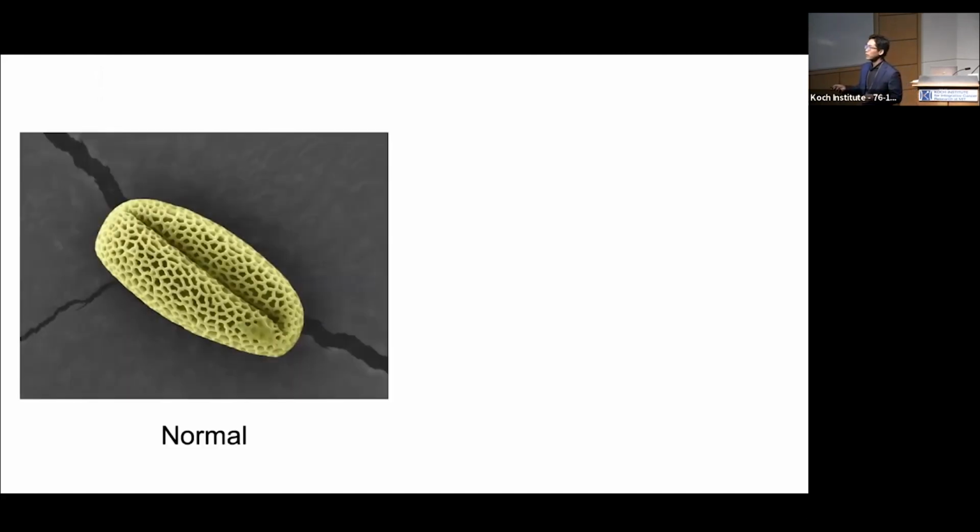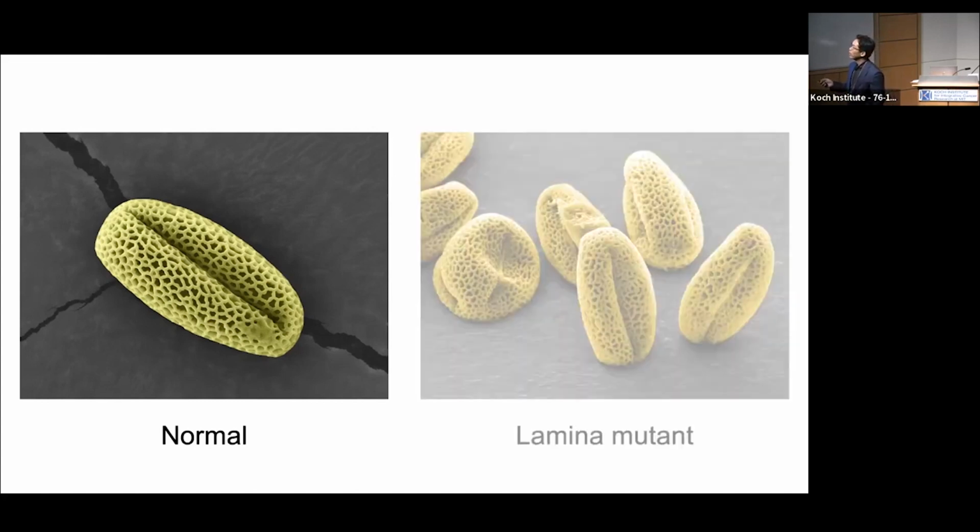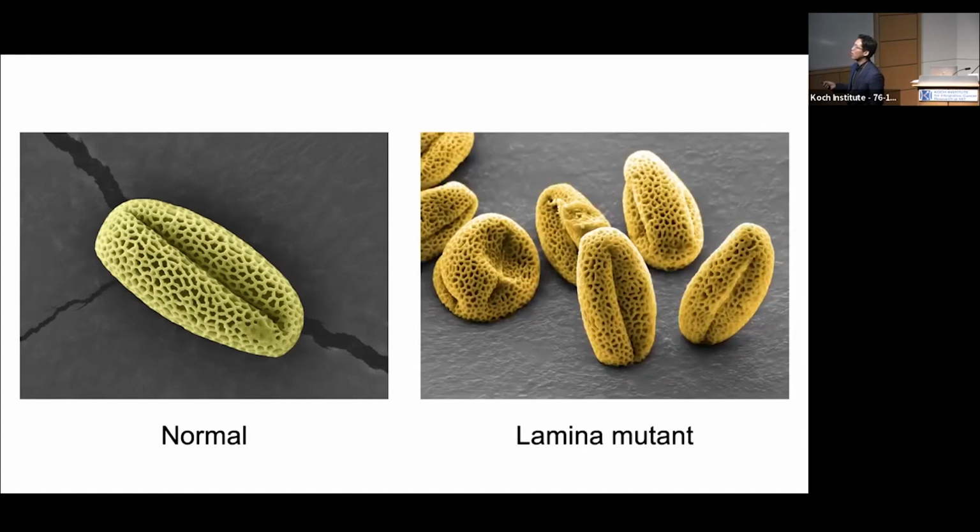So in plant biology that I'm studying, there are many different features of development or features of the nuclear lamina. And one thing that I found is that they are very important in plant reproduction. So you're looking here at an Arabidopsis pollen. This is a single pollen, and in a healthy, normal Arabidopsis plant, you can see this sleek pollen, but if you have defects in the nuclear lamina structure, then the pollen actually becomes oddly shaped in the mutant.